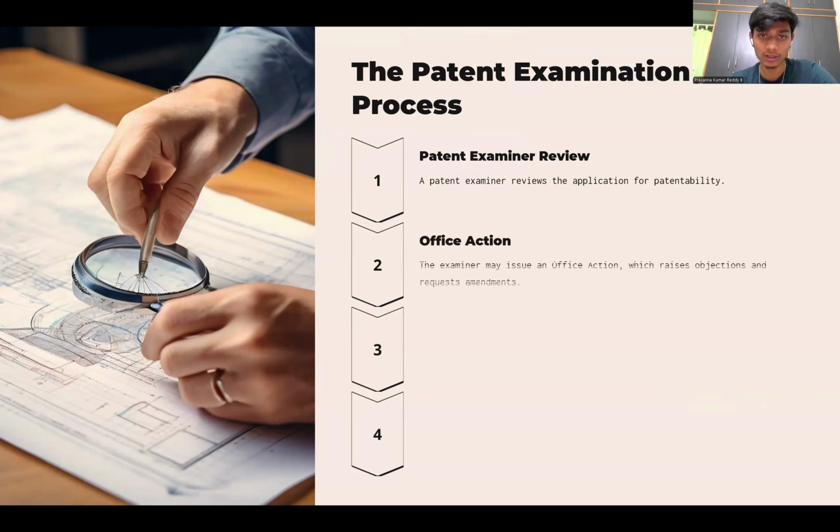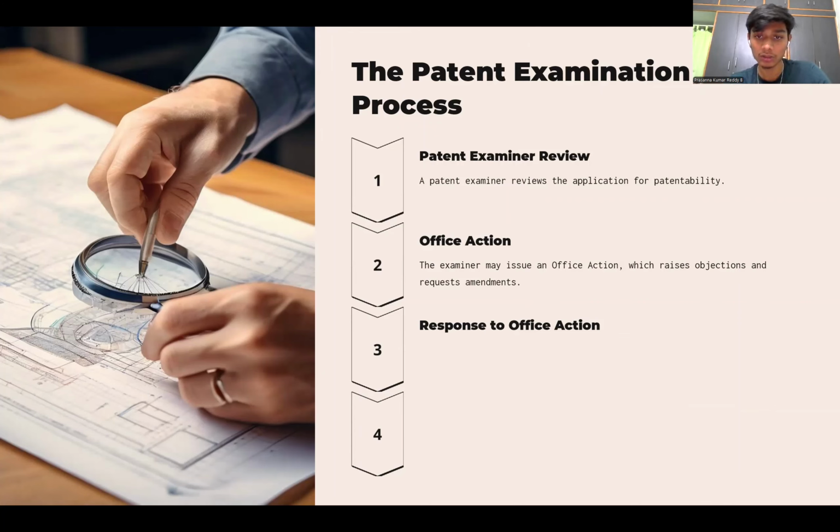And in the office action, the examiner may issue an office action which raises objections and requests amendments. If there are any issues, they raise an objection to the applicant, and the applicant sends a reply to the office again.